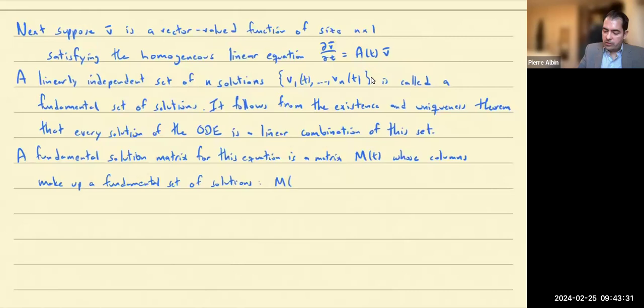Right, so that means that this matrix M of t looks like you start with these n solutions, and then you put them here as the columns of the matrix.